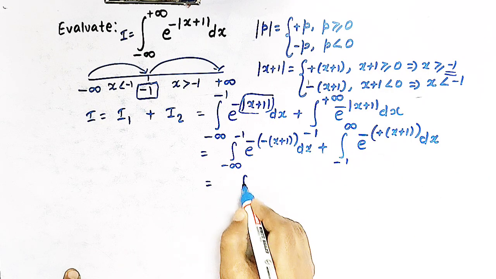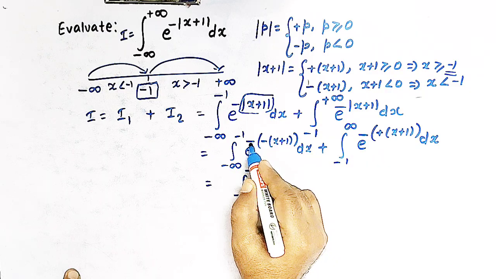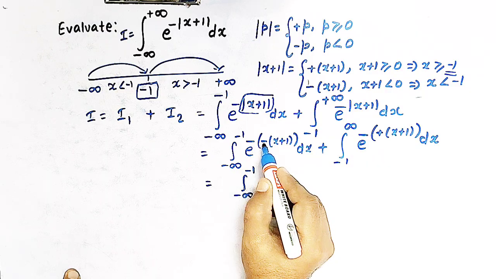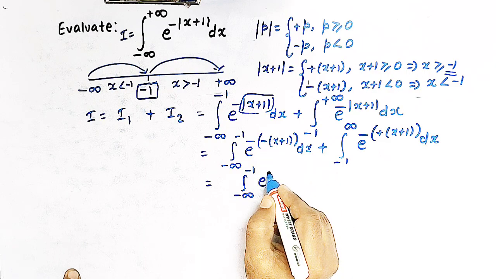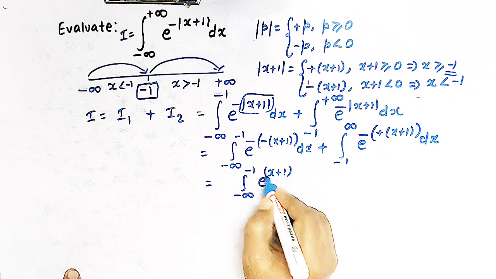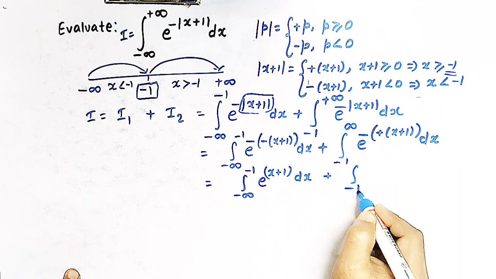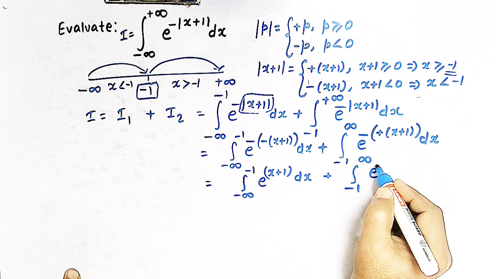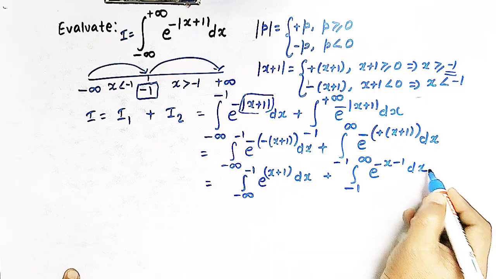So now we can write minus infinity to minus 1, and here negative multiplied with this negative sign becomes positive. So we have simply e raised to x plus 1 and dx, and here we have minus 1 to infinity, and e raised to simply minus x minus 1 and dx.